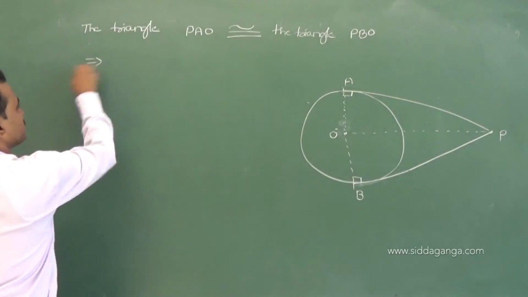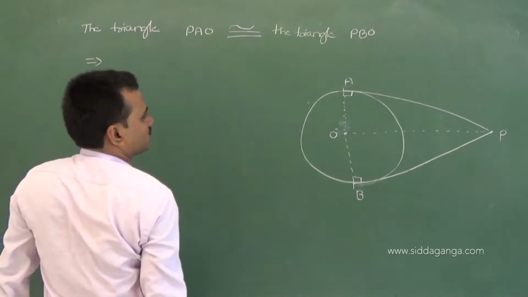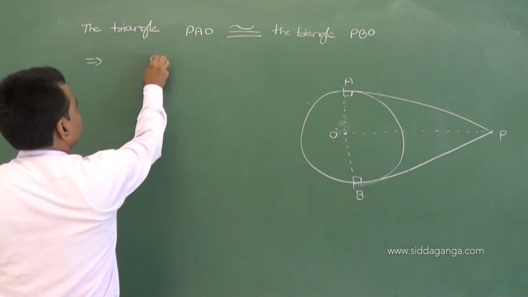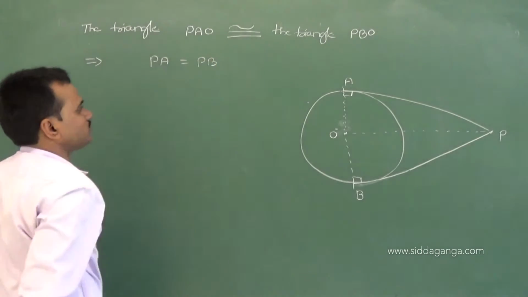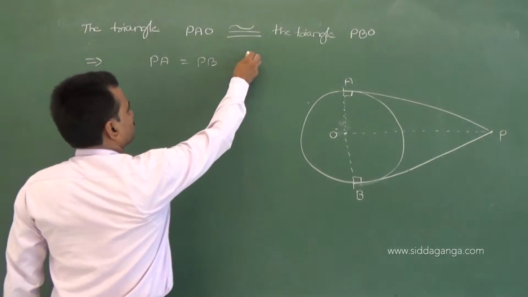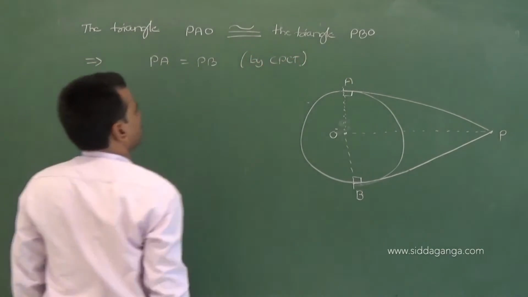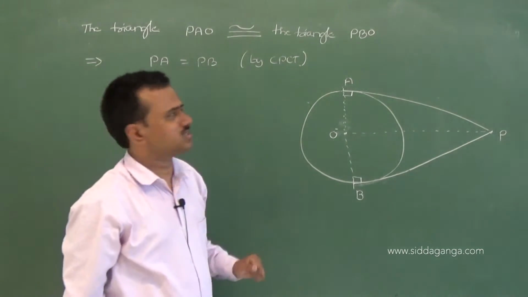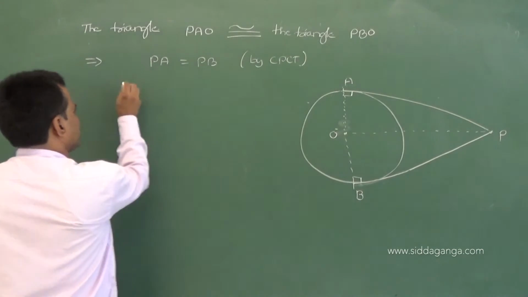That implies, according to the congruency property, CPCT rule, PA is equal to PB. This is also known from 9th class. According to the CPCT rule, PA is equal to PB, hence proved.